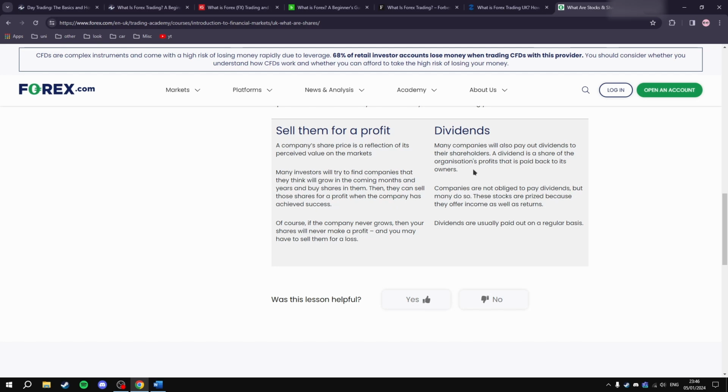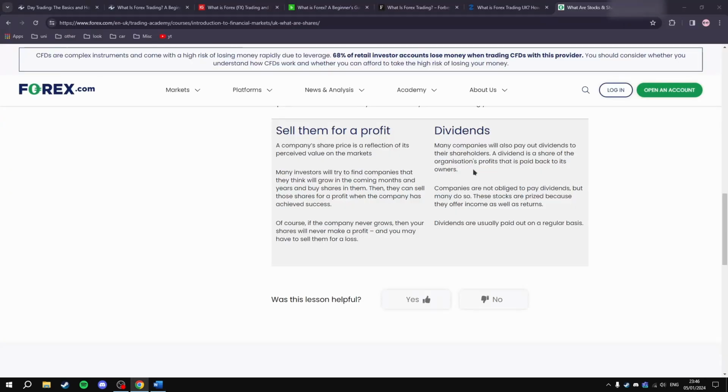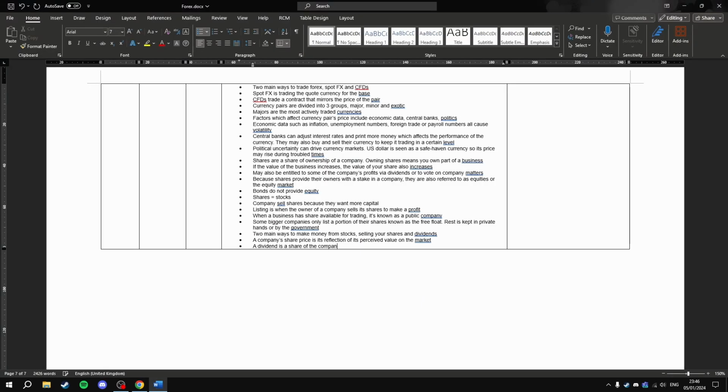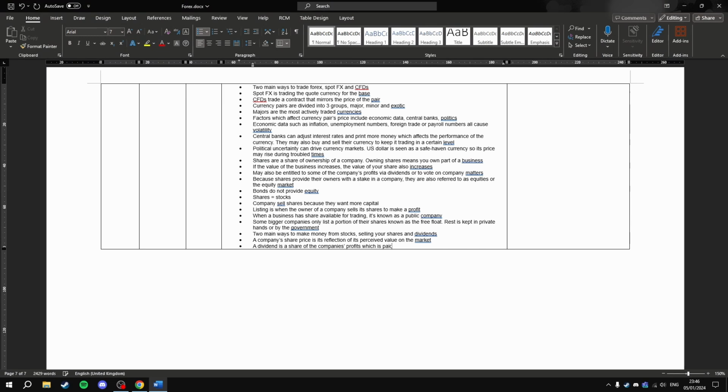Dividends. Many companies will also pay out dividends to their shareholders. A dividend is a share of the company's profits that is paid back to its owners.